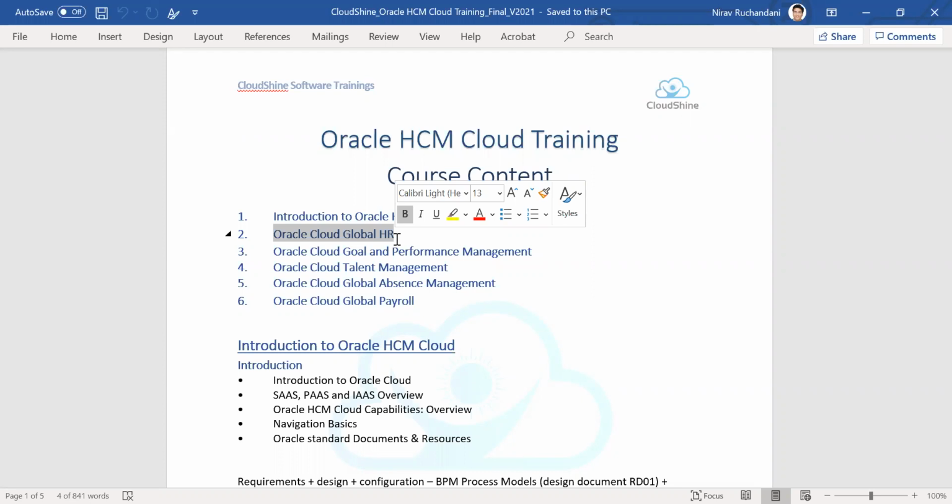Oracle has kept it as a separate offering, and we have not included it as part of this training. A company which doesn't want employees to track their time through the system would generally not opt for OTL. So we will cover integrations or touch points or interface points with OTL, but not how you configure OTL within Oracle Fusion.